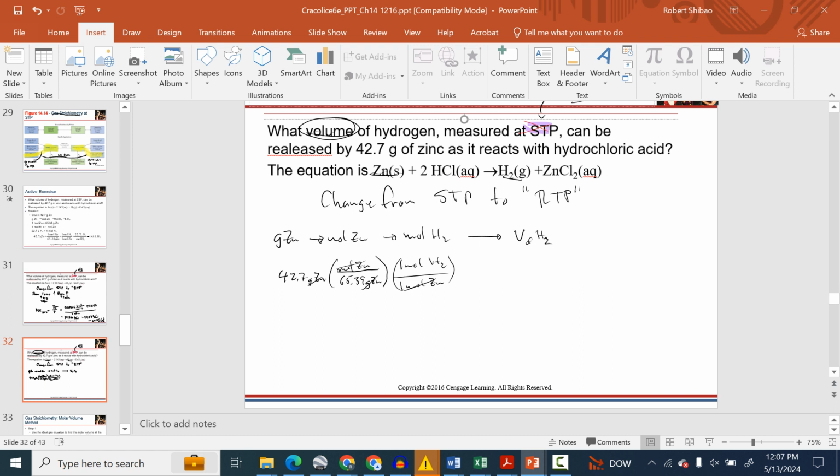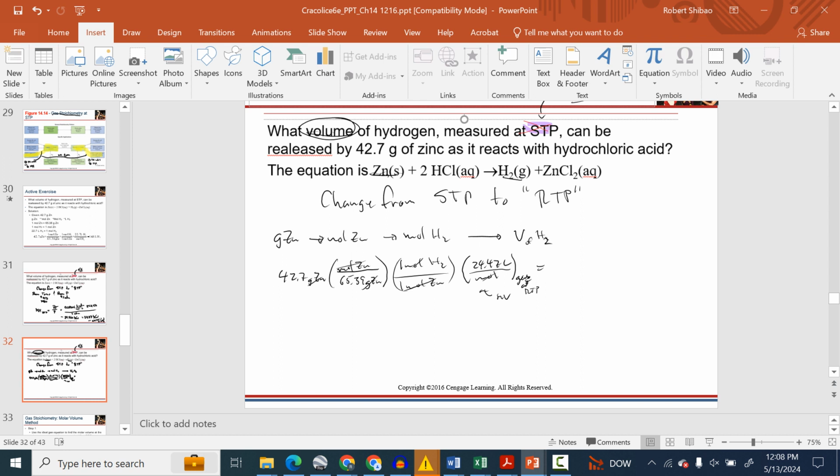Moles of zinc cancel. I'm going to use the molar volume method: there are 24.47 liters per mole of gas at RTP. The moles cancel, and that leaves liters of hydrogen gas.